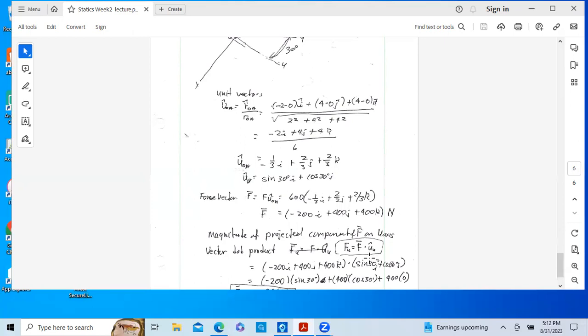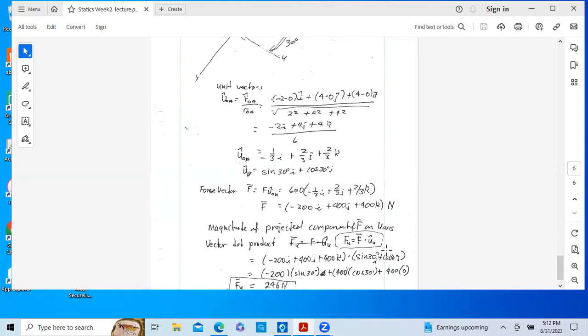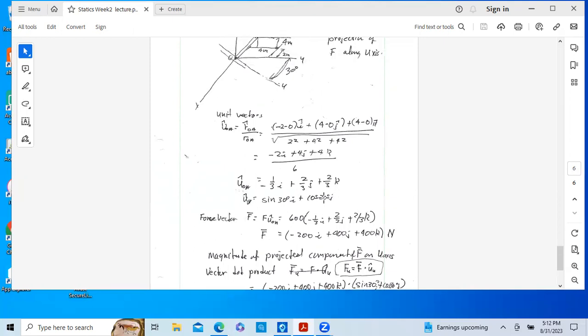And now we want to look at the unit vector for U. All we have for U is an angle with the y-axis, and that's 30 degrees.